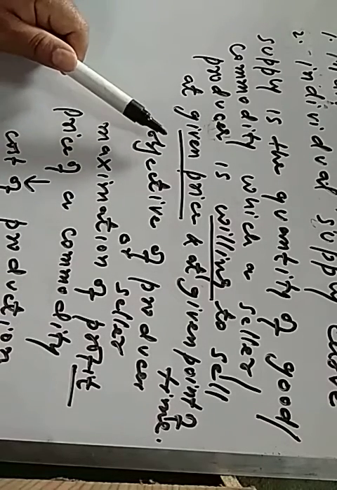This is how we use the terms in the definition of supply: willingness to sell and at a given price, because the objective of the producer is maximization of profits, to earn more and more profits. This was all about supply.